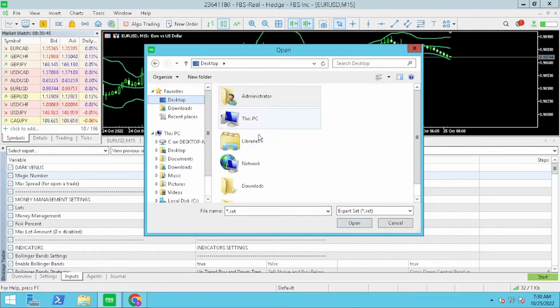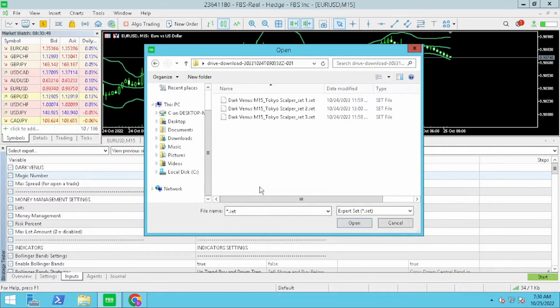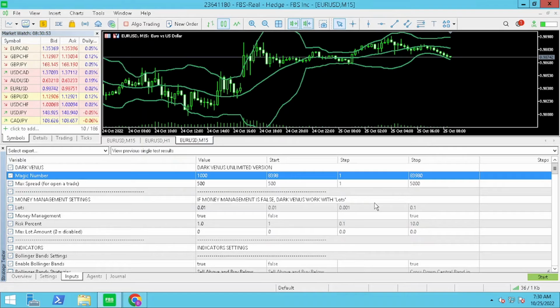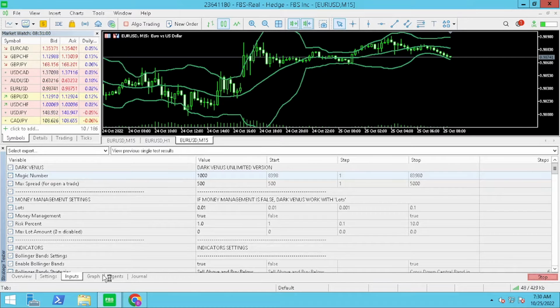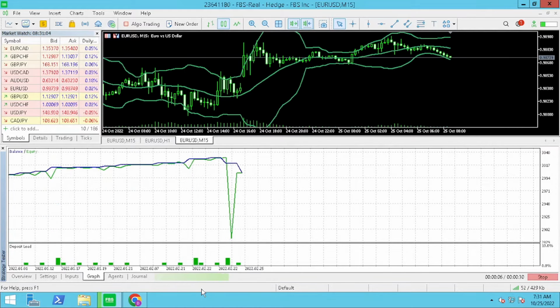And on the desktop, I have saved the free new set files. I have already tested them against 3 different brokers with positive, however different results. So make sure to test it against your broker before running it on a demo account. You might have to make adjustments to get the same results.